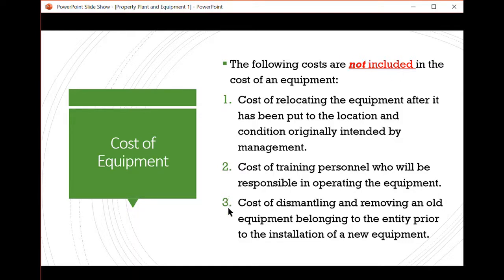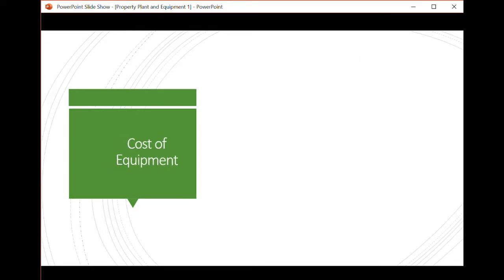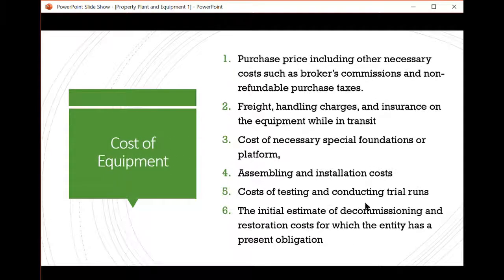Kinahanglan nga katong decommissioning, katong pagtangtang niya, this is already present during the time when you acquire the property or acquire the equipment. Kay if later on na siya, that's no longer part of the cost of the equipment. Kay ining debit nimo sa equipment manggod, apil na ni siya sa costing.